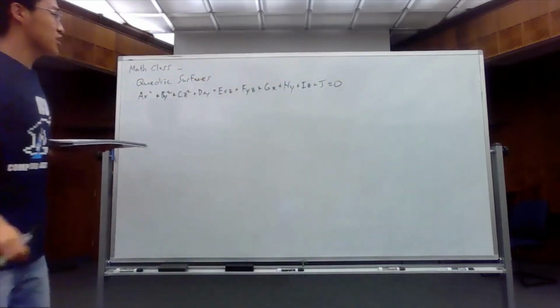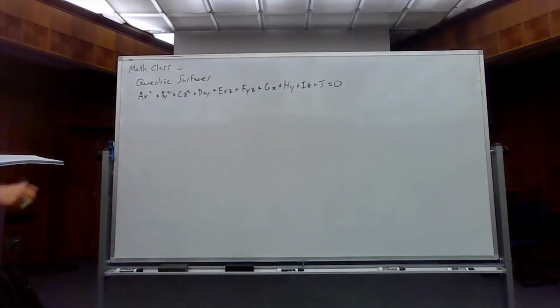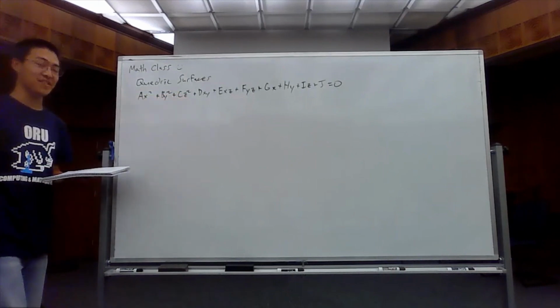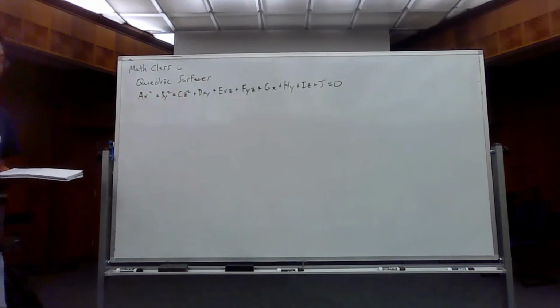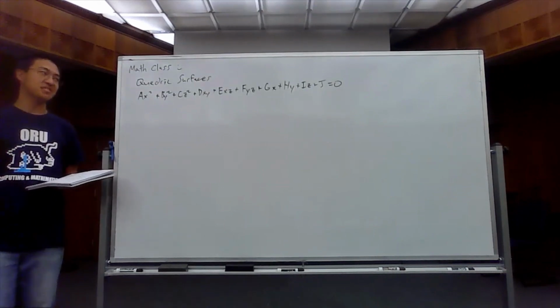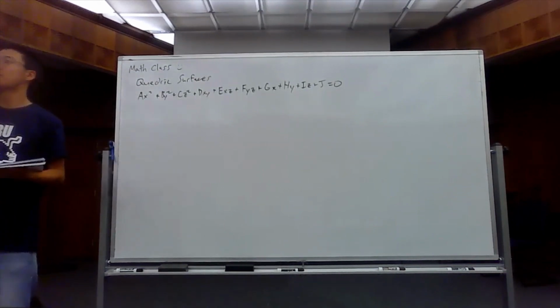So this is the general form of quadric surfaces, where all these a through j are just constants. In the same way that you have a general form of your quadratic equation, it's basically the same thing, except for calculus.